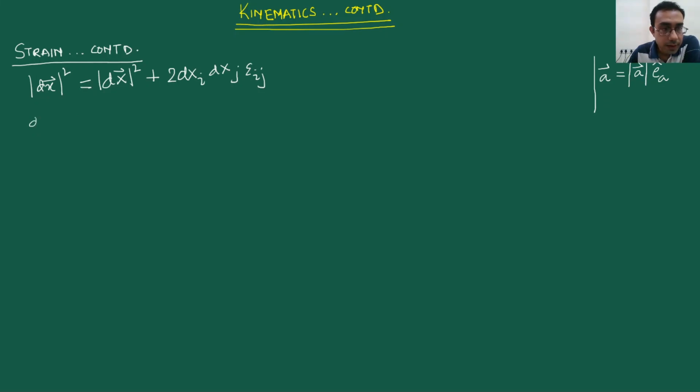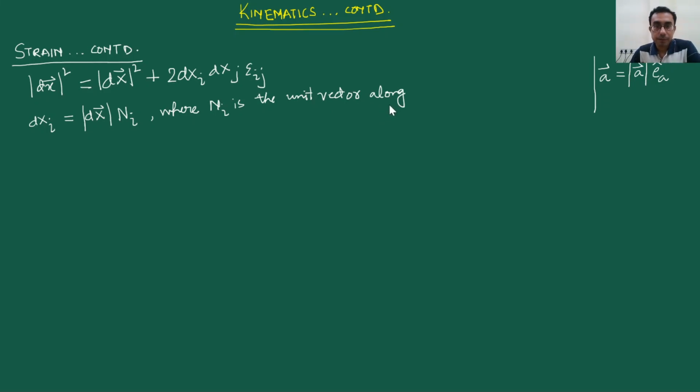So dxi, or equivalently dxj, will be equal to the dx vector magnitude, because this is nothing but the dx vector itself, times the unit vector along dxi, where ni is the unit vector along dxi.